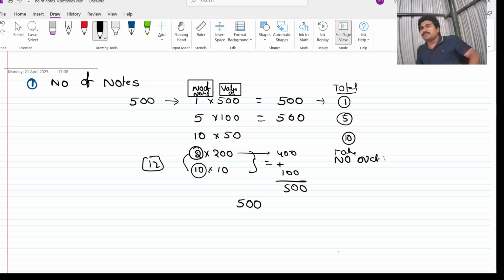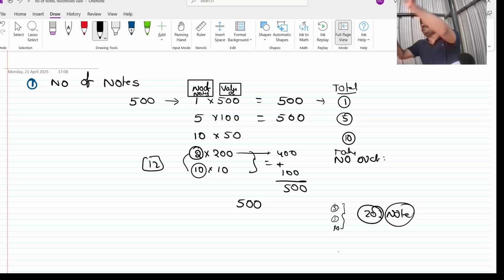You should get a total of 20 notes, I want 20 notes. Do you have a 25 rupee note? I have a 25 rupee note, you are telling.